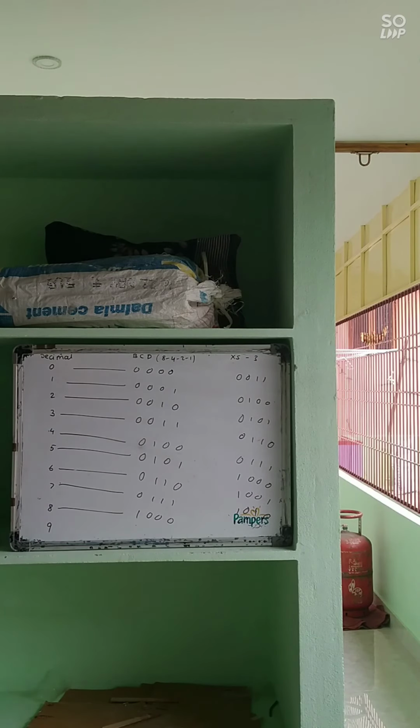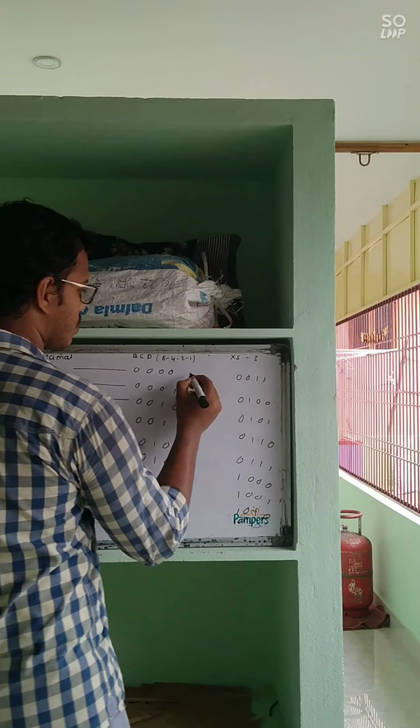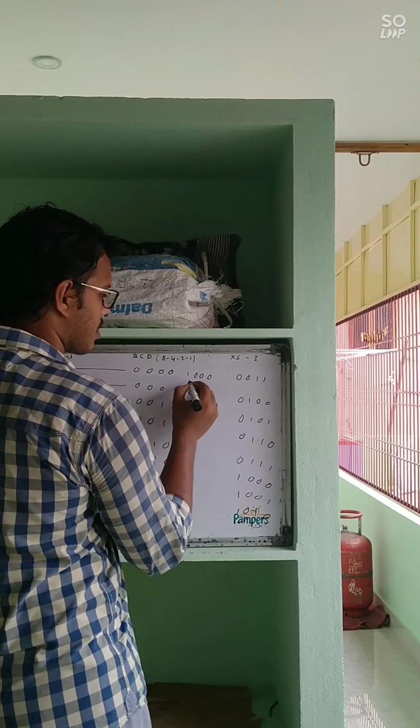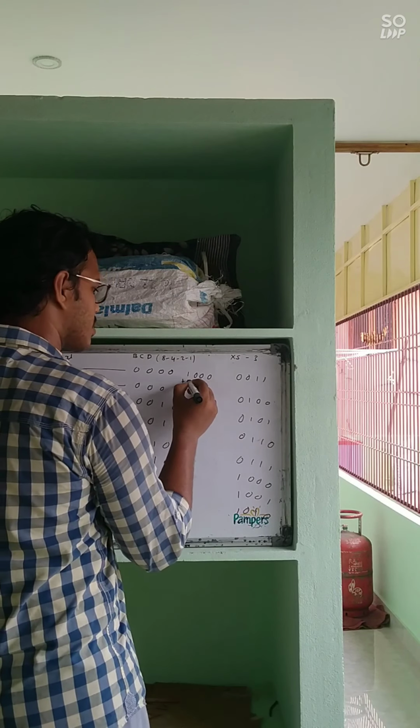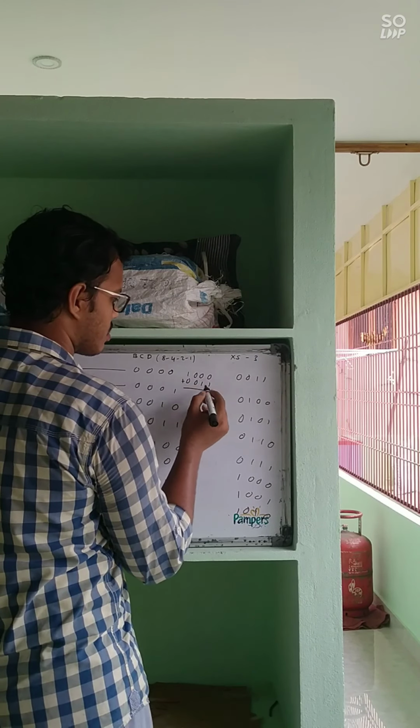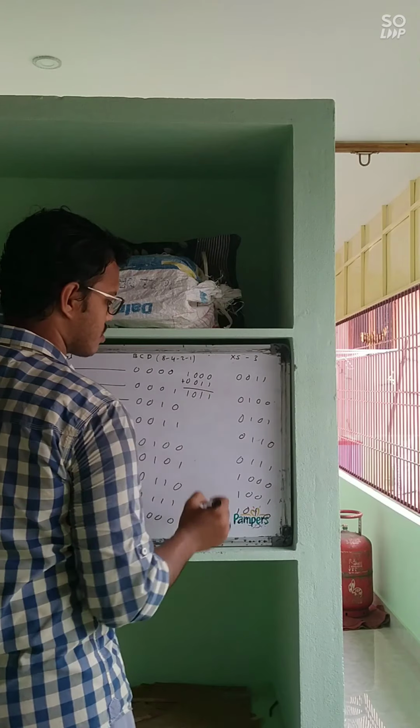So add 3 to the digit. 1 0 0 0 plus 0 0 1 1 gives 1 0 1 1.